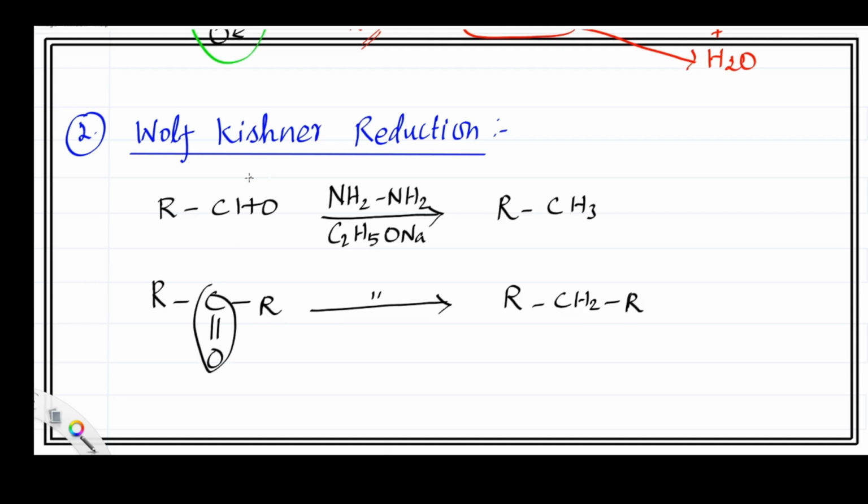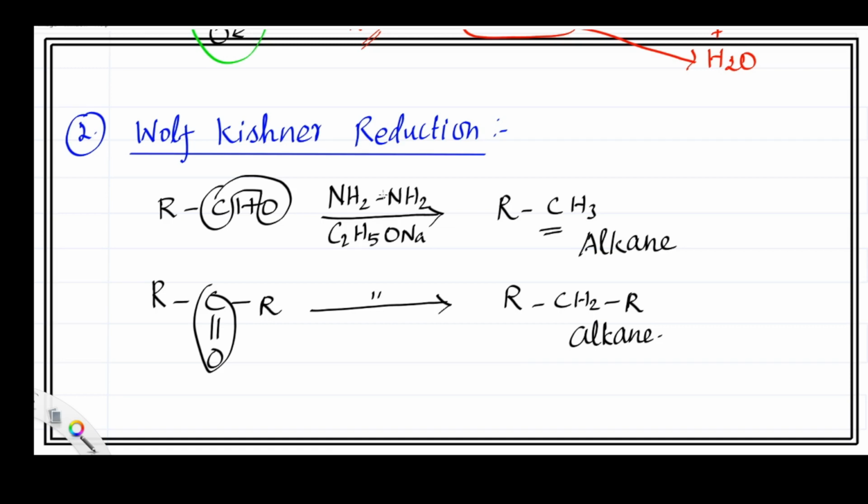These two carbonyl groups undergo reduction, that is hydrogenation. We get this type of product called alkane. In Wolff-Kishner reduction, hydrazine and sodium ethoxide are a strong base. In Clemmensen reduction, we made an acidic medium. In Wolff-Kishner reduction, we carried out the reaction in basic medium.